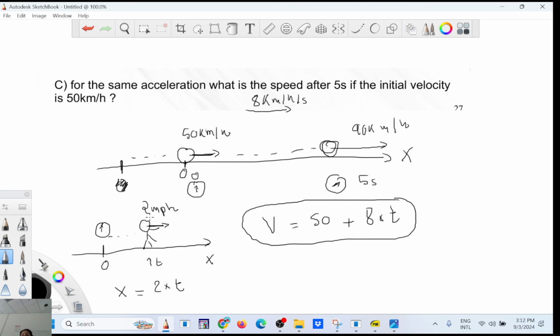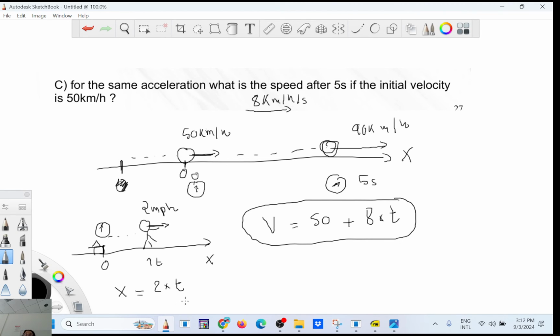Okay, so that means it's hours, right? So after 1 hour, what's going to be your position? 2 miles away from your initial position. Maybe it's your house.